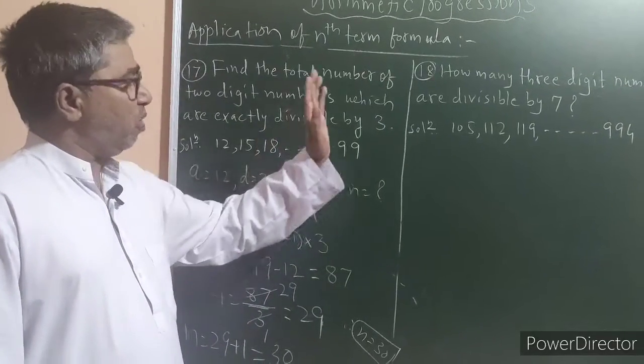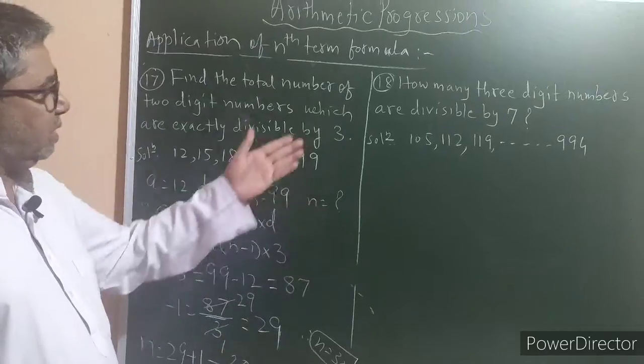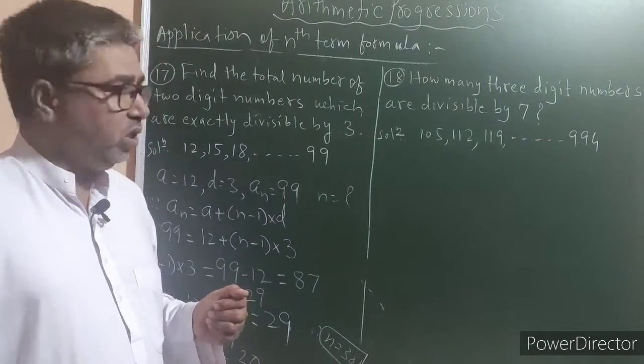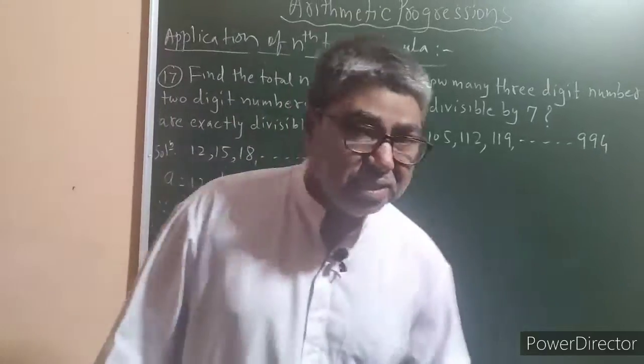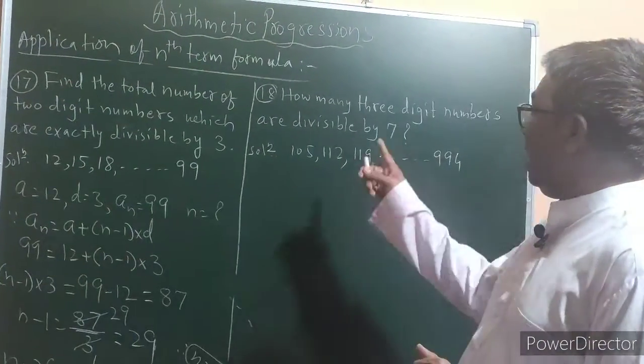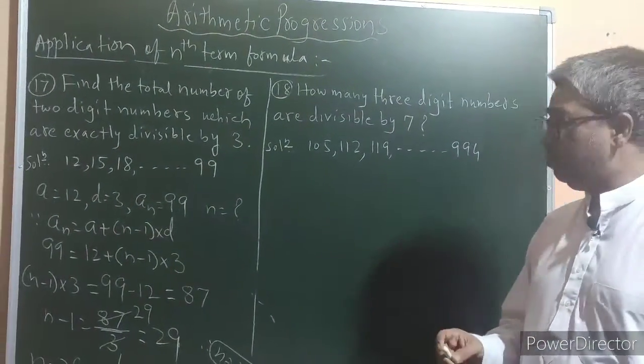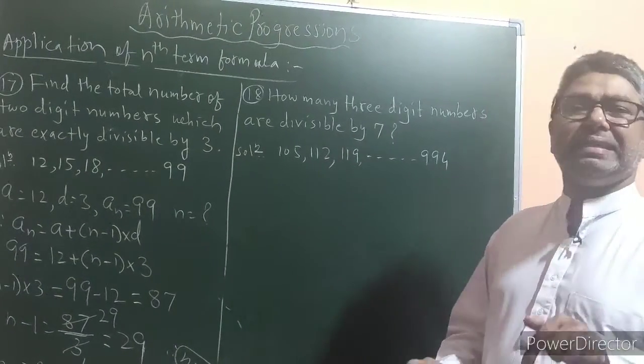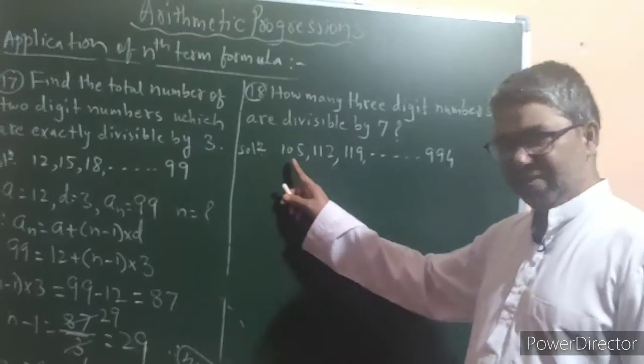Now one more example of the same type, from your exercise 1.2. How many three-digit numbers are divisible by 7? The first three-digit number which is exactly divisible by 7 is 105.